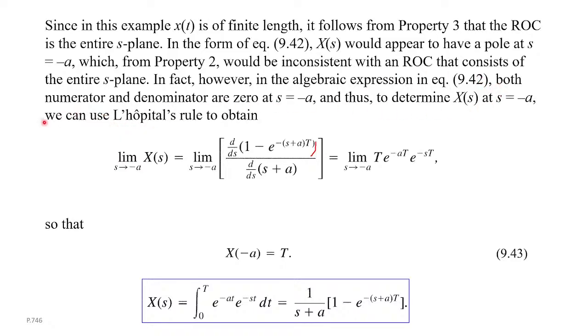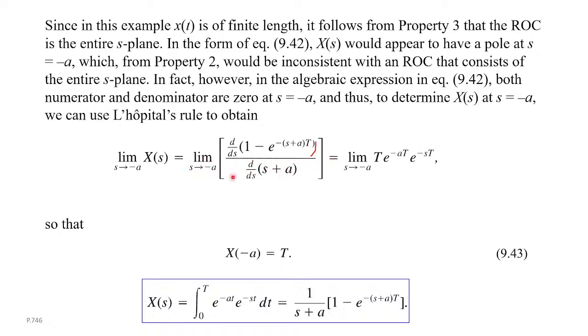you can actually get the limit value of this by using L'Hopital's rule. If you want to see the value of this thing at s equals minus a, then we just take its limiting value. It's technically a little bad, but we do it anyway. So we take the differentiation of the upper part and the differentiation of the lower part.